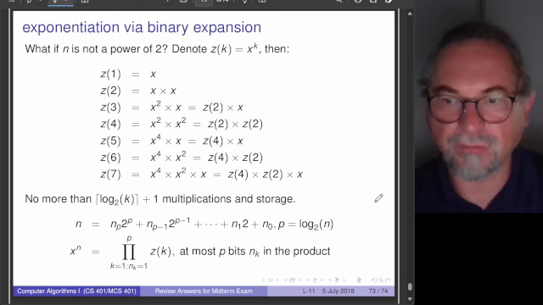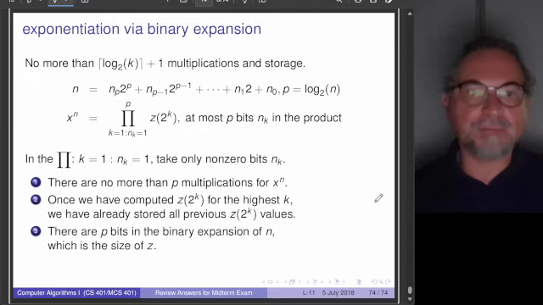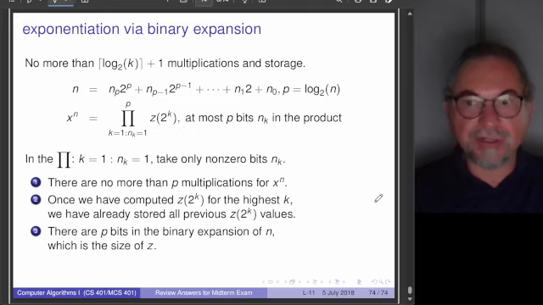I still have one more slide left, even though I'm going over time. So you have to reason that you have no more than a logarithmic +1 multiplication in storage. So this is why I was so careful here with this +1. When we are computing the repeated squaring, we have actually already computed all the lowest ones.